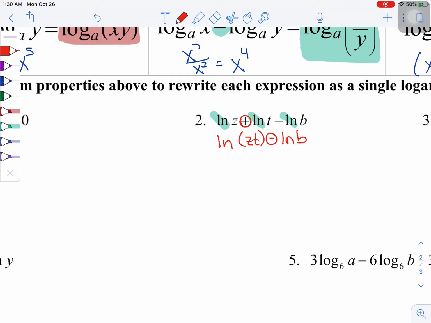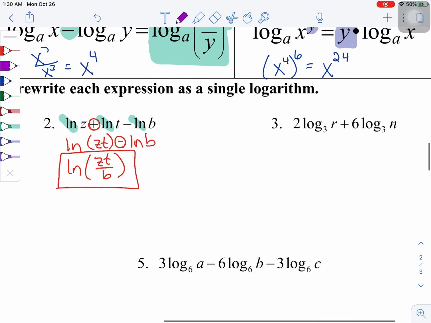Well, subtraction means that I can basically take the arguments and divide them. So zt over b, and there is my single logarithm. In this case, I like to write it with the parentheses so that I know where the bases are versus what the arguments are, so just keeping it all kind of together.